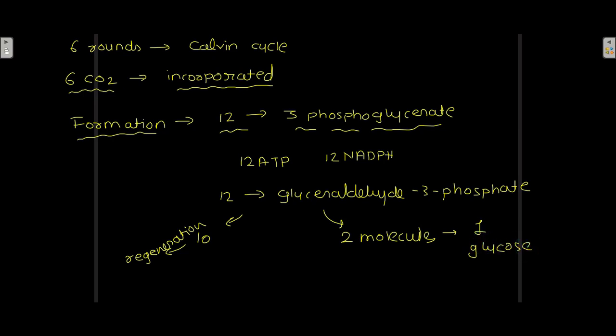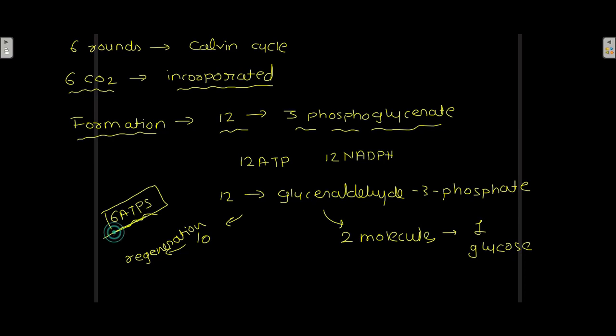Now in this regeneration process, an additional 6 ATPs are consumed. By utilizing these 10 molecules of glyceraldehyde 3 phosphate, there would be regeneration of 6 molecules of RuBP, and that is the reason why in this process 6 ATP would be used.